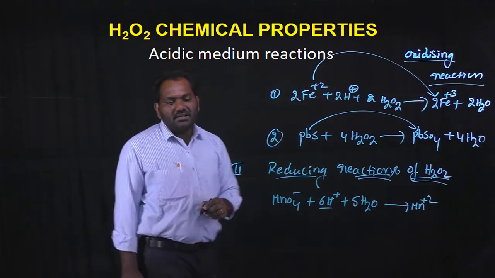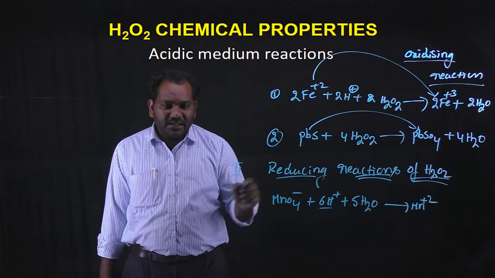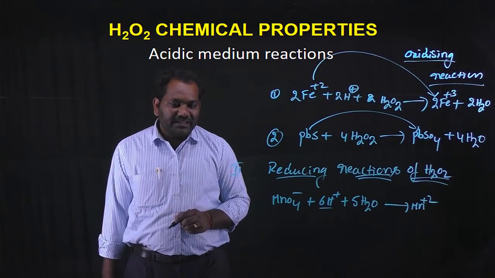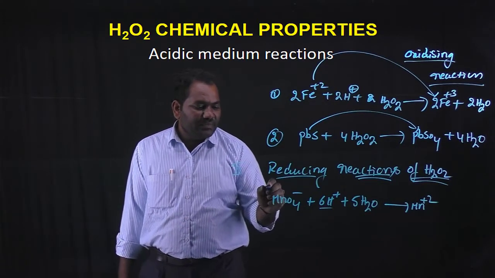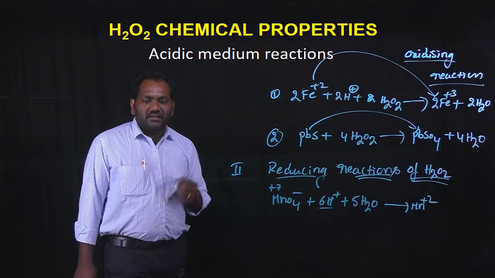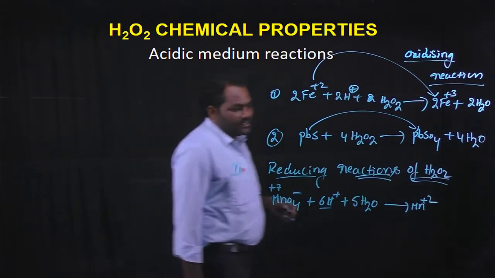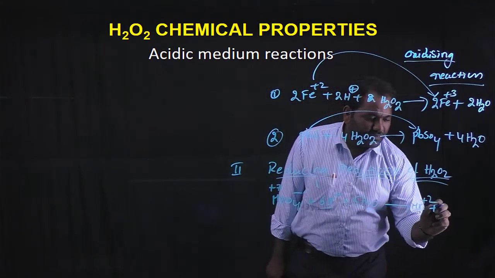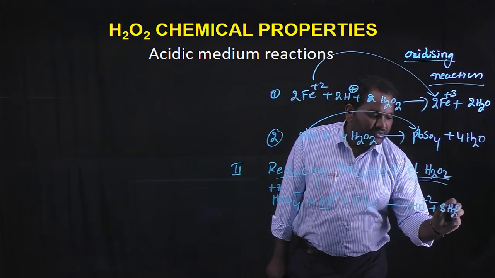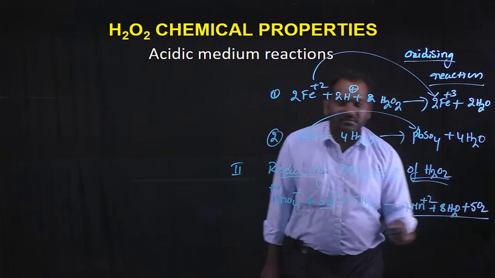Here the oxidation state of manganese in MnO4 minus is plus 7. Here this manganese is converted from the plus 7 state to the plus 2 state, plus 8H2O plus 5O2.